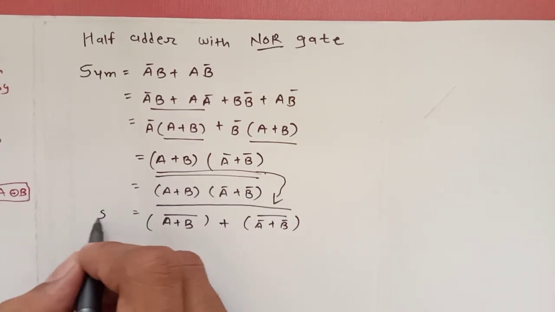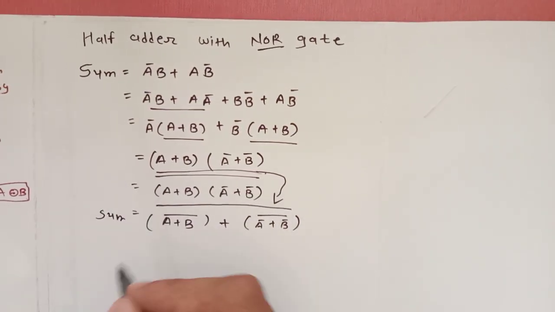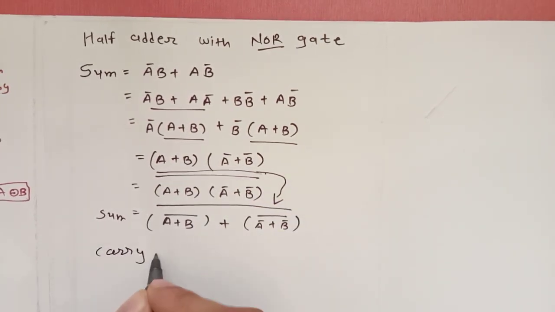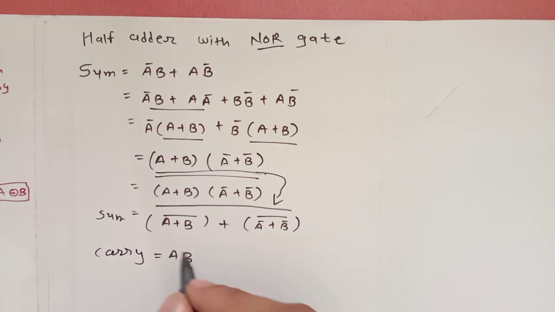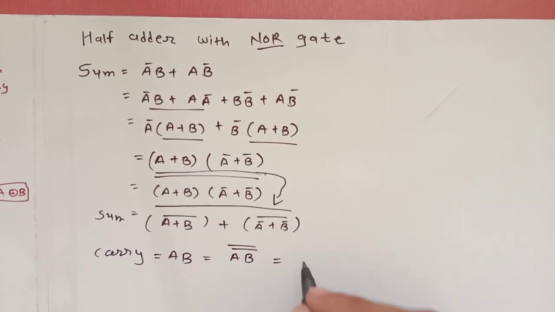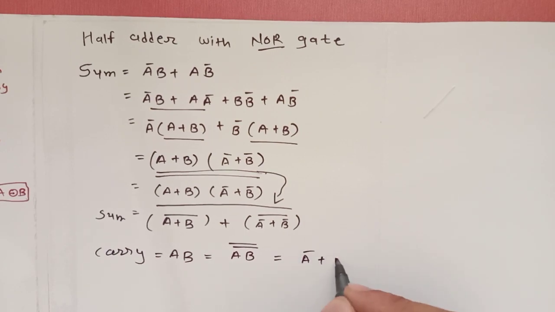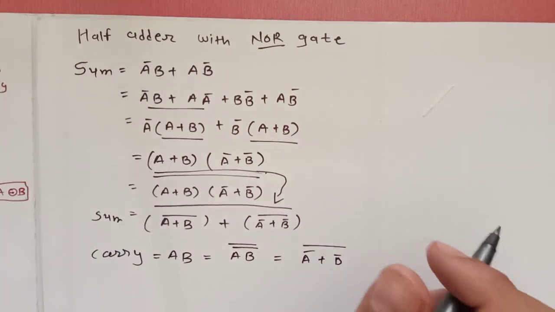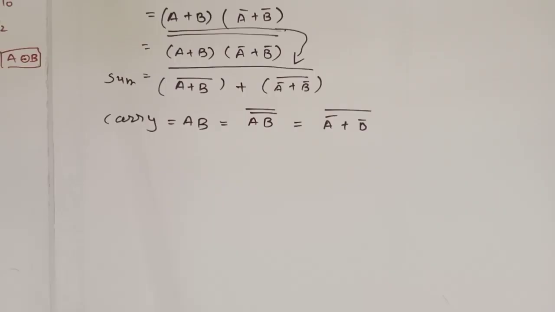So we get the sum, and it is a minimal expression. Now same as for carry, the carry that we get is equal to A·B, and now similarly apply two bars and split it as (A' + B')', so that we get a minimal expression for the NOR gate.